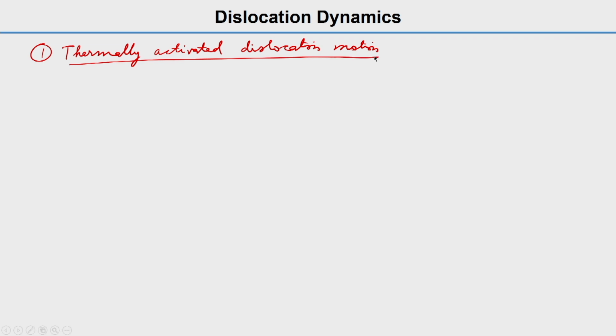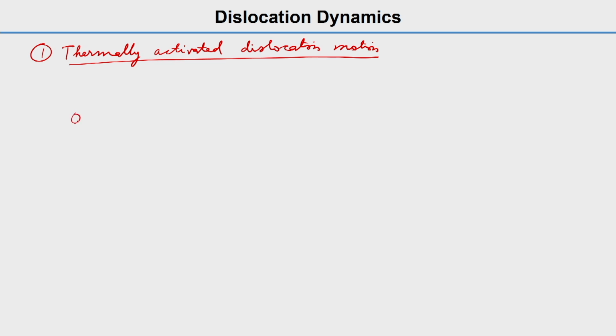thermally activated dislocation motions. So dislocations continuously encounter obstacles. Dislocations need to cross those obstacles to continue the plastic deformation. So you will see what are the obstacles encountered by dislocations.